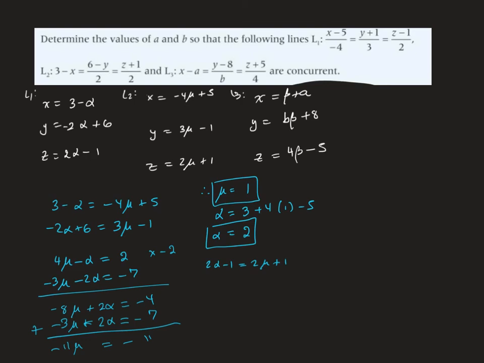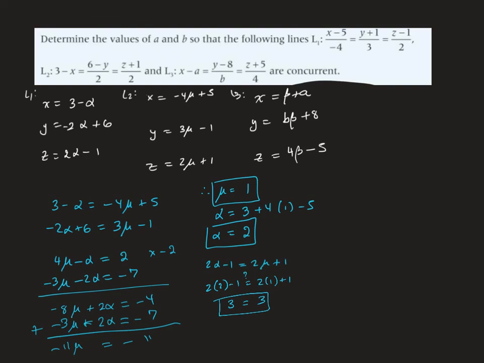If I substitute, alpha equals 2 and mu equals 1, so these two things should be equal. 2 times 2 minus 1, is that equal to 2 times 1 plus 1? 2 times 2 is 4, minus 1 is 3. And 2 times 1 is 2, plus 1 is 3. 3 equals 3. It works. So we know that the intersection of line 1 and line 2 happens when mu is 1 and when alpha is 2.